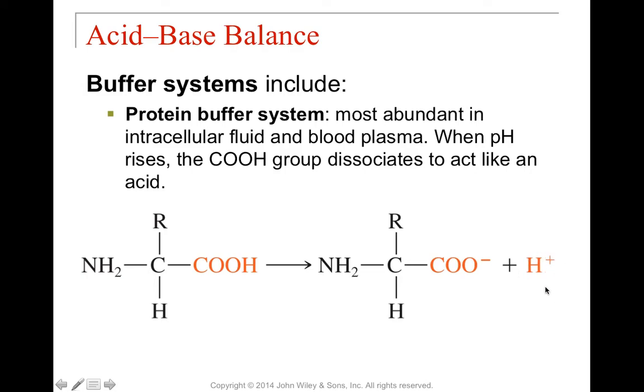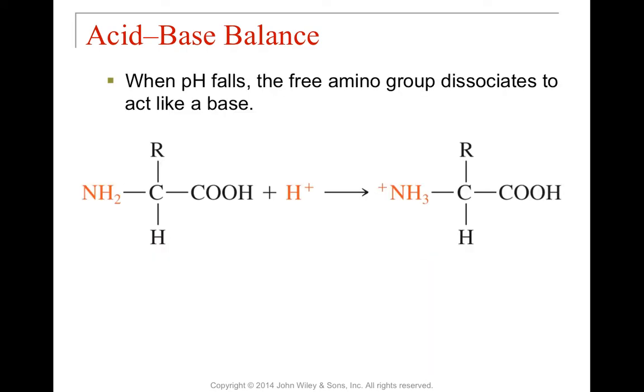So if we are increasing our pH, going too far towards the basic range, if we free up a hydrogen ion, now we can bring it back down towards the moderate, right? Because the increase in hydrogen ion is going to bring us down to the lower pH.